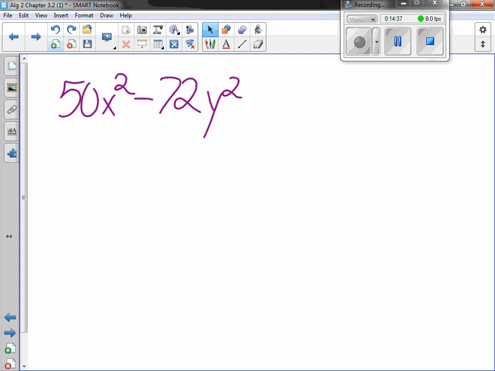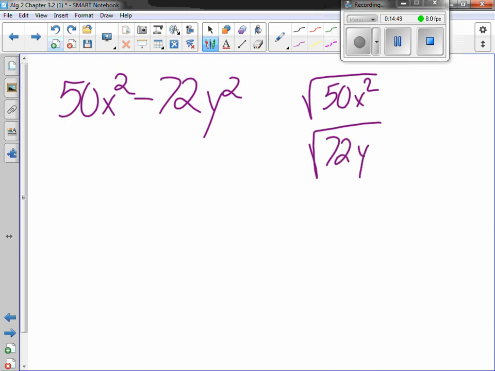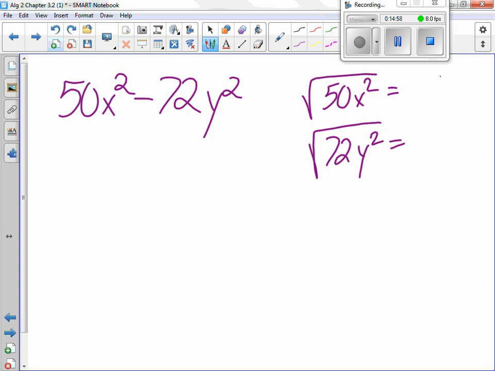So the first thing we need to look at to see if this is a difference of perfect squares is to see if I can take the square root of 50x squared and the square root of 72y squared. What is the square root of 50x squared? Well, I know the square root of x squared would be x, yes? What's the square root of 50?